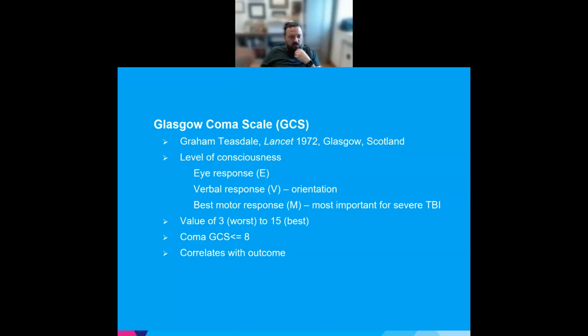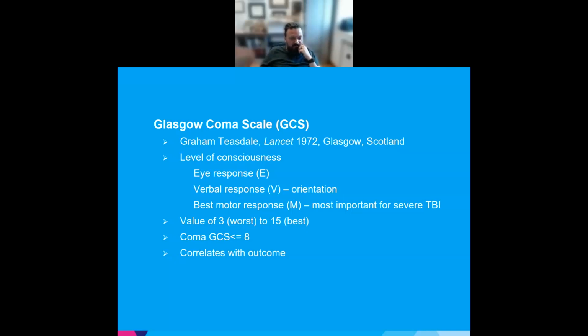In any patient in a coma, their motor response is really indicative of their outcome. Importantly, this wasn't developed to predict outcome in any way, shape, or form. It's just a scale like any other consciousness scale, to describe the level of consciousness.